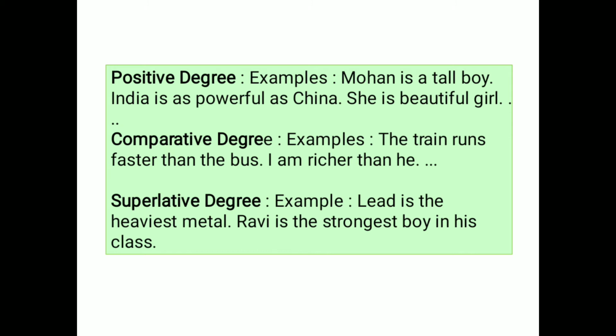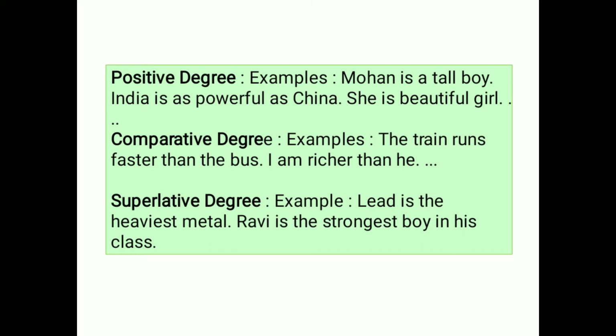An example has been given: India is as powerful as China. Here we have to understand that both India and China are equal in the matter of power. So there is no difference between these two countries. So this is called a positive degree.